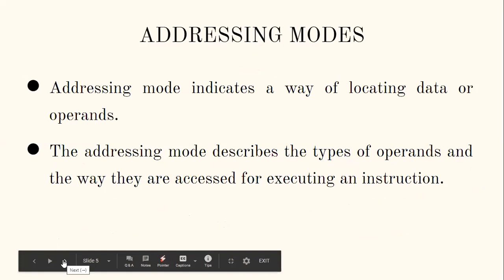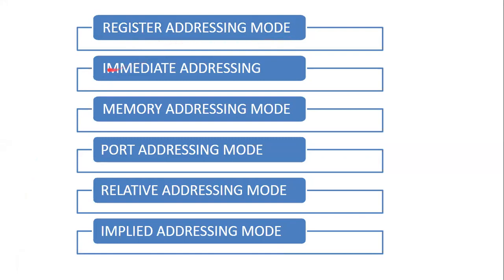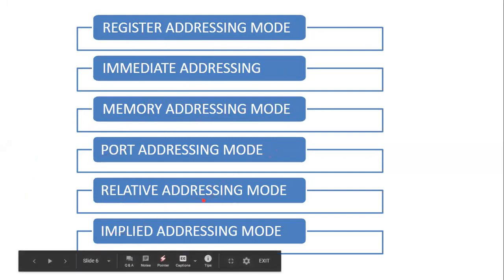We have to see the detailed types of addressing modes used in 8086: register addressing mode, immediate addressing mode, memory addressing mode, port addressing mode, relative addressing mode, and implied addressing mode. These are the main types. We may have subtypes within them, which we will see in detail.